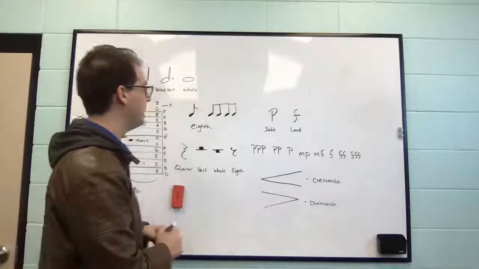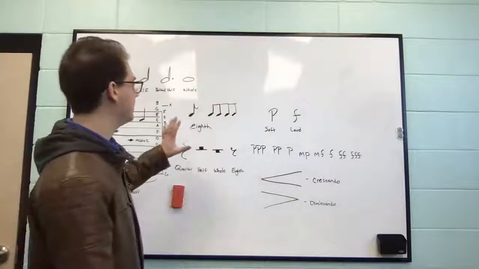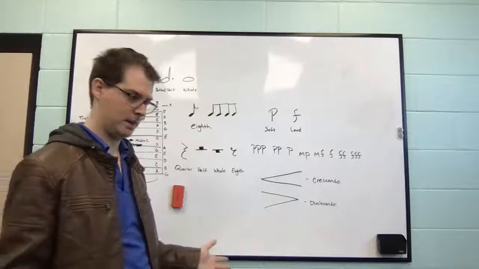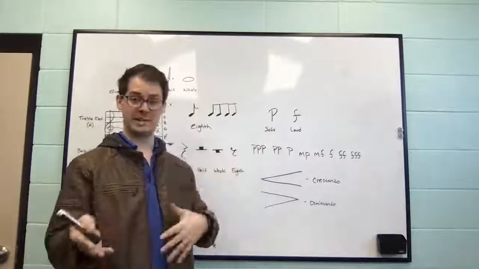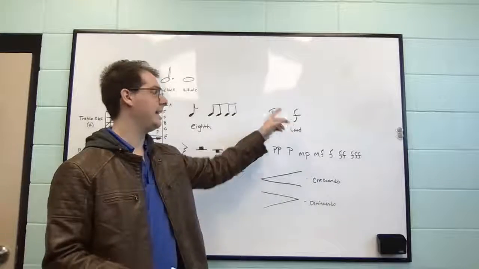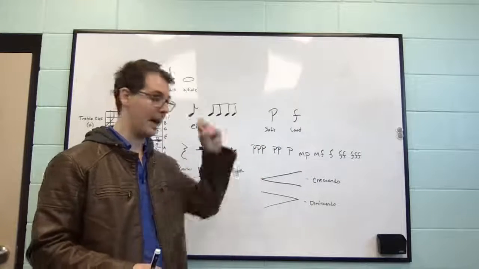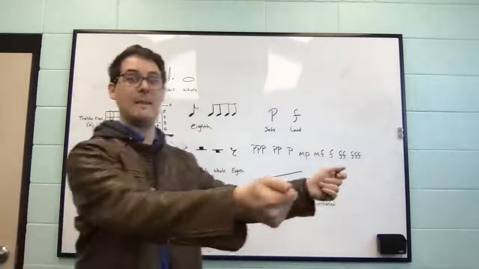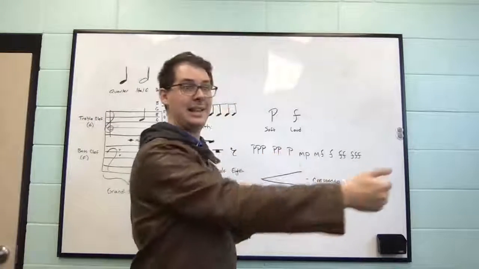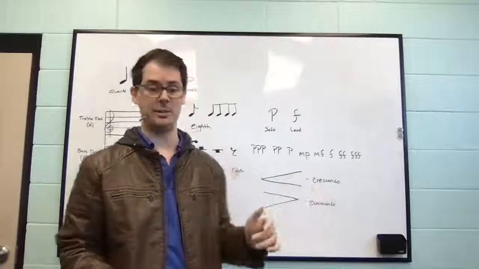So if I was playing a piece of music and it was piano, I'm just going to keep playing that piece softly until specified otherwise. If all of a sudden forte showed up, I immediately get loud. So I'm starting out quiet, and then I immediately get really loud, and I stay loud until it tells me to.